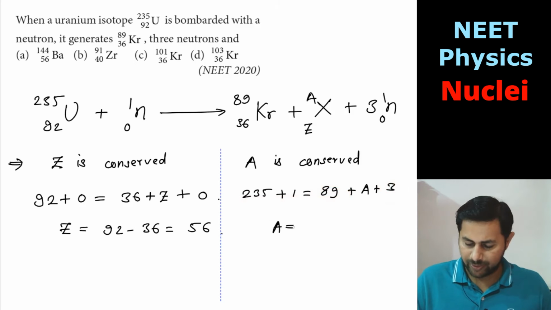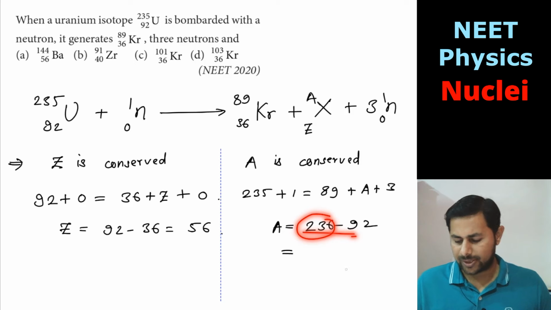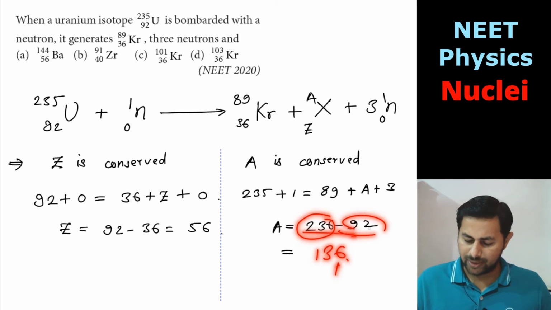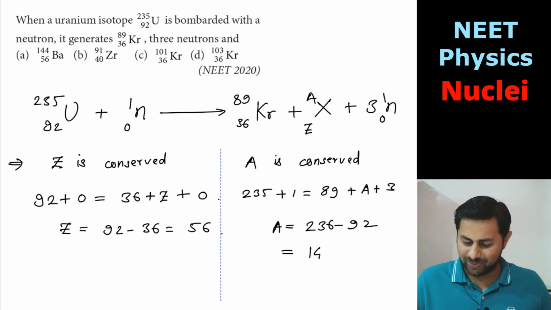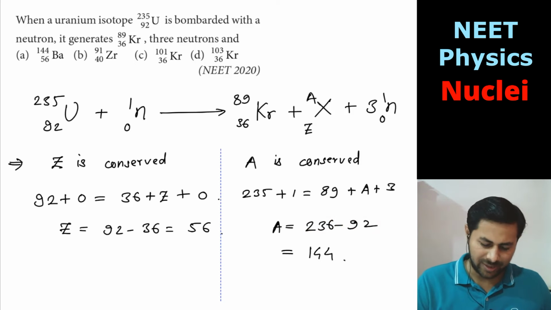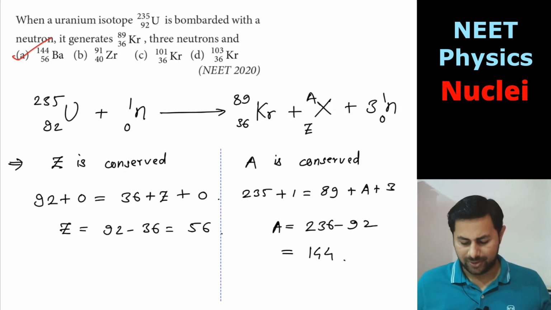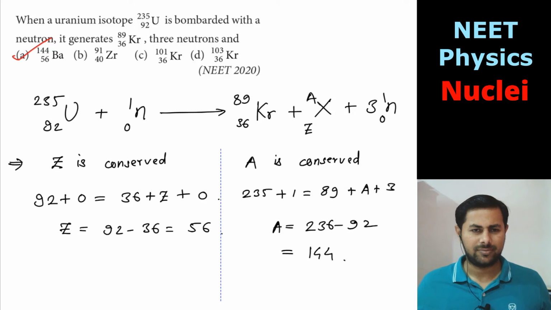So A must be equal to 236 minus 92, and how much is it? If I subtract 100 from here, it would be 136, but then I have subtracted 8 extra, so add 8. So it would be 144, right? 144. So it's option A. Okay, this is clear, everyone? Okay, good.